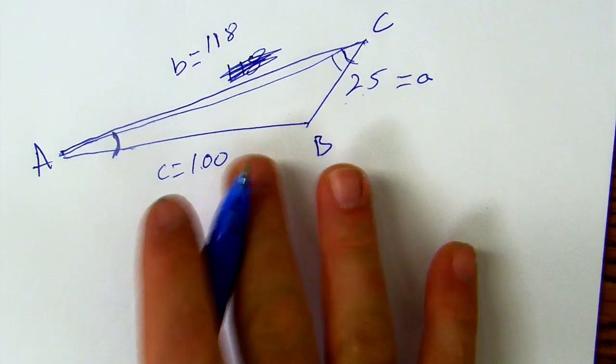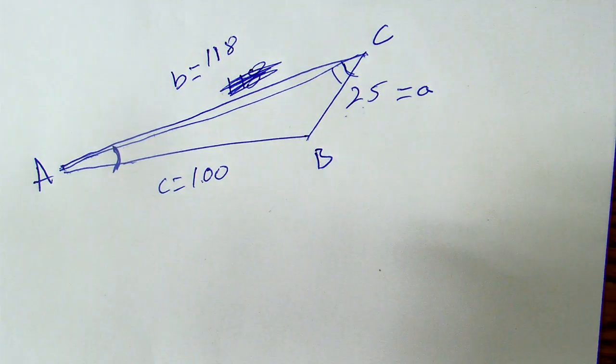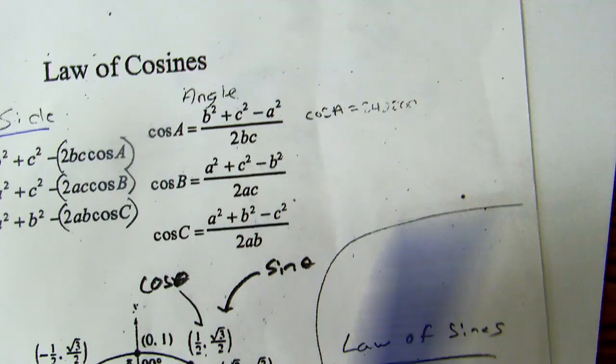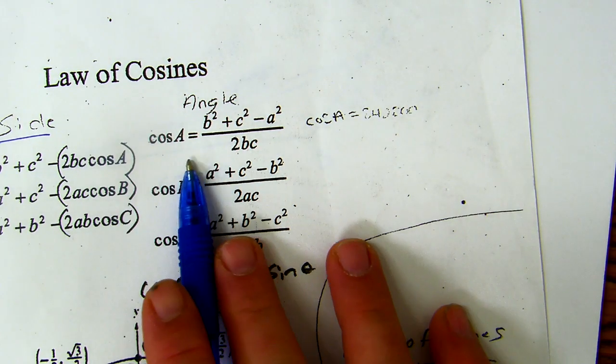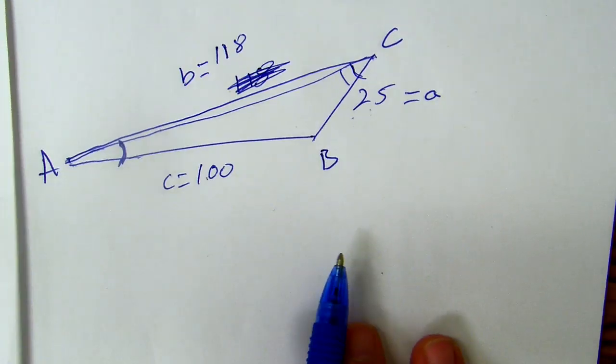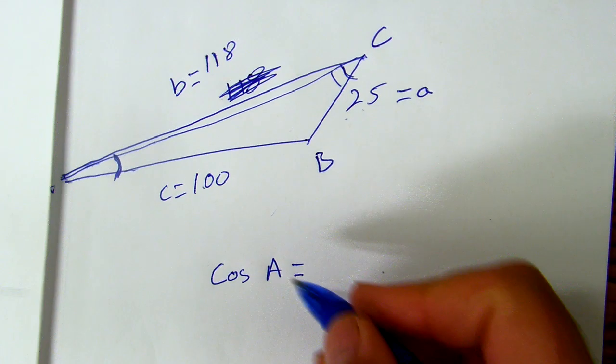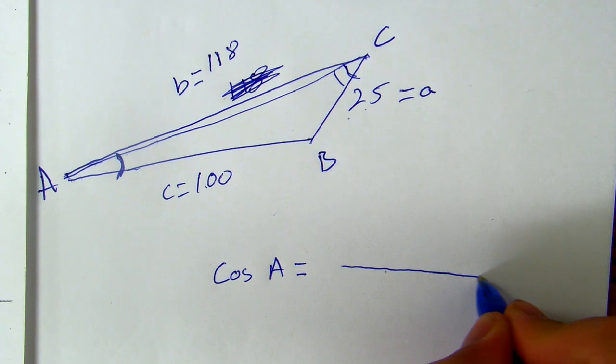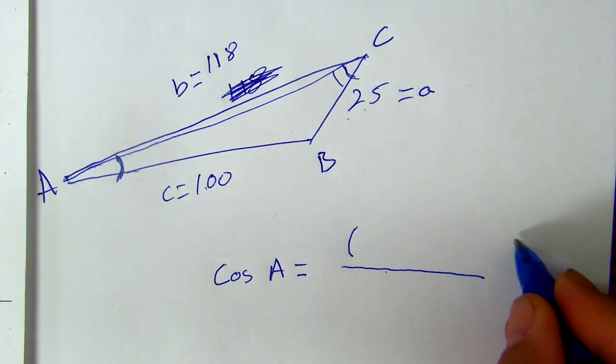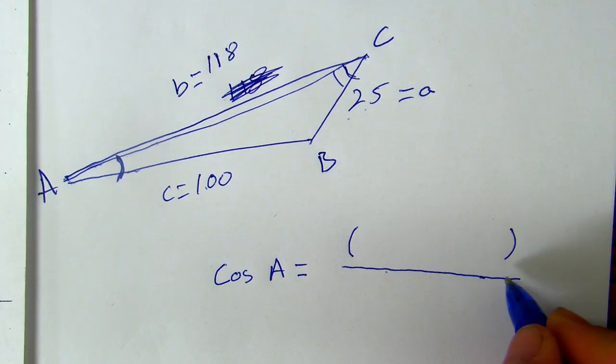Okay? And at that point, once you've done that, you say, well, if I'm trying to find angle A, I'm going to pop right into this thing. Cosine of angle A, which I don't know, equals, once again, the thing that sometimes people have trouble with in law of sines and law of cosines is just getting it into their calculator.